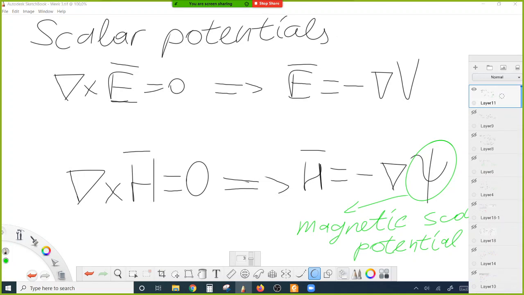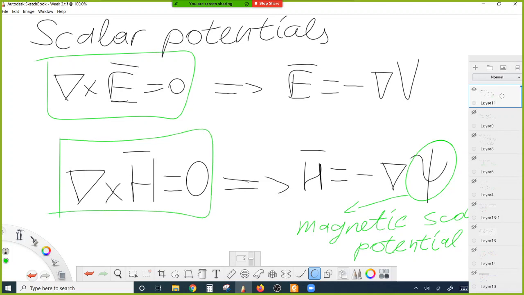Now, the electric scalar potential V and the magnetic scalar potential psi can only be used by themselves in static electric or static magnetic fields, because only under static conditions can the electric field intensity be curl free and the magnetic field intensity also be curl free.